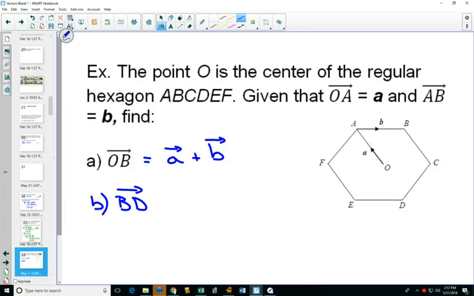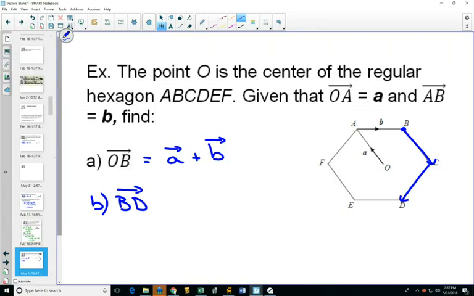B was going from B to D. How do you want to go from B to D? You could go BC and then CD.